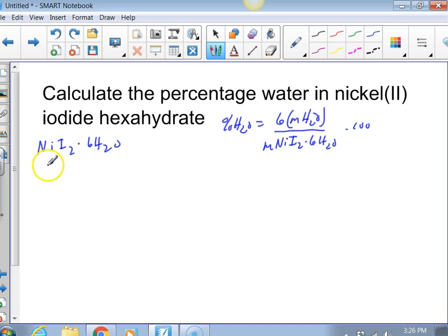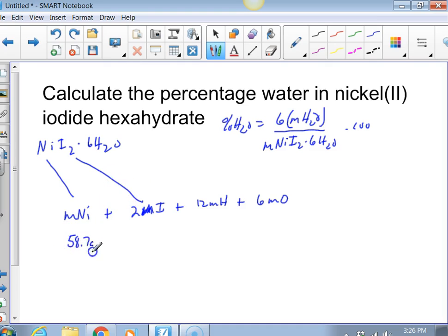So we need the mass of nickel plus 2 times the mass of iodine plus 12 times the mass of hydrogen plus 6 times the mass of oxygen. Okay, mass of nickel is 58.7 plus 2 times the mass of iodine.